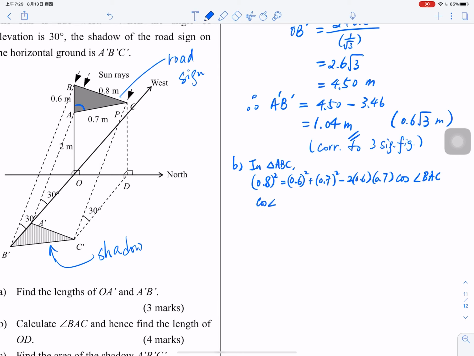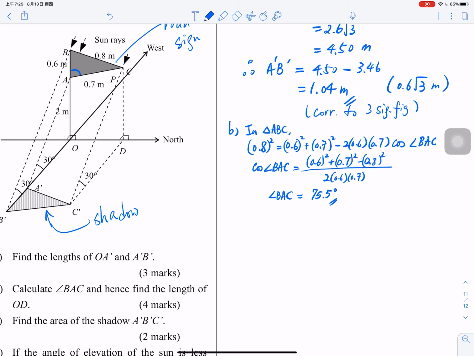So cosine angle BAC equals this, and then over 2 times 0.6 and 0.7. So at the end, for angle BAC, just use your calculator, you found that this one is 75.5 degrees.